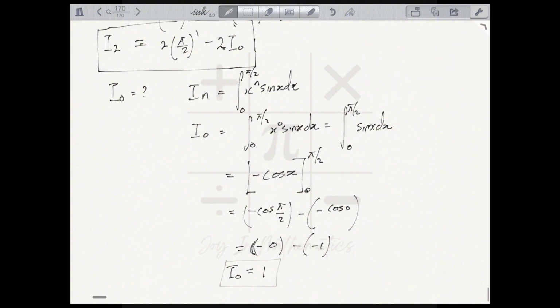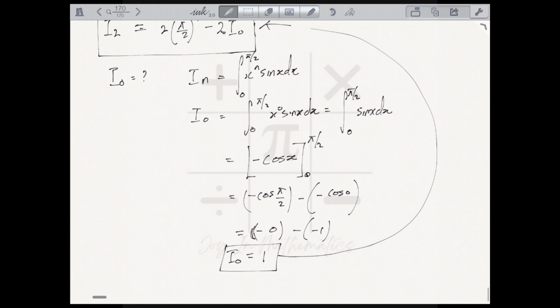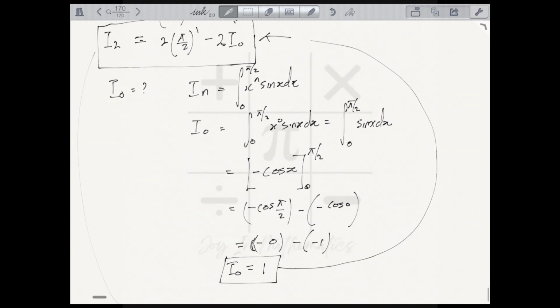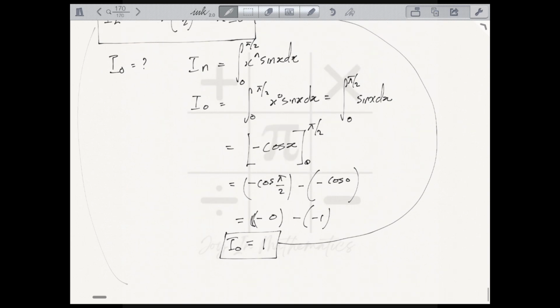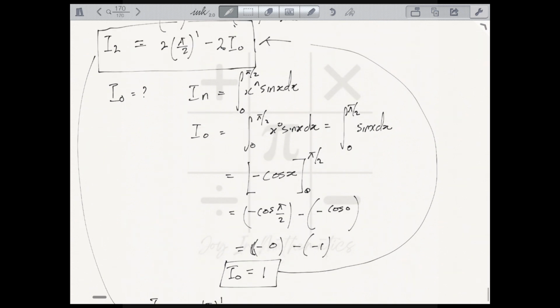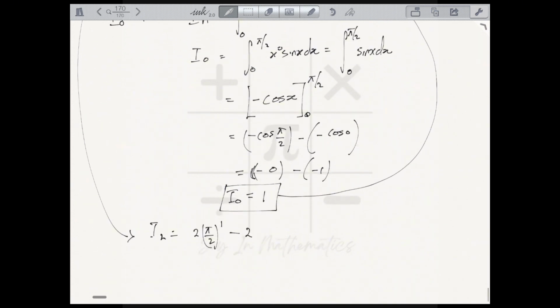So since we have an expression for I naught, we can now substitute I naught into I2 so that we can solve for I2. And we know that I2 is equal to 2 pi over 2 raised to power 1 minus 2 I naught.